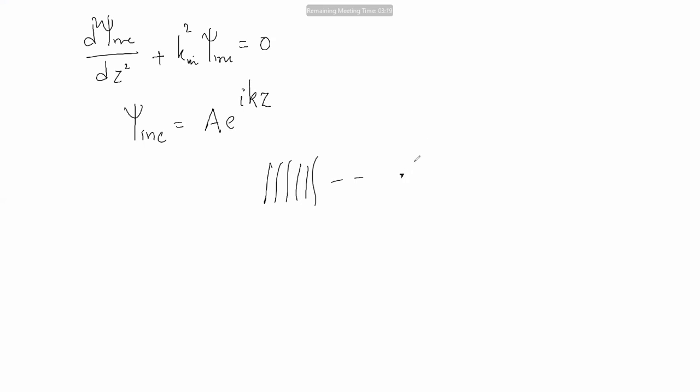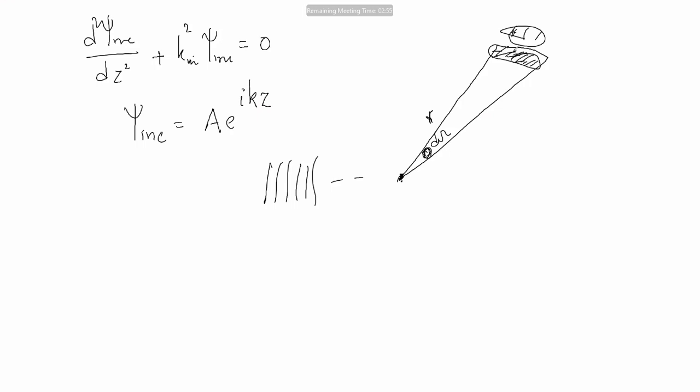This is my scattering center, and I have placed a detector here. This is making a solid angle d omega. This distance is R, that means R is the distance of the detector from the scattering center.